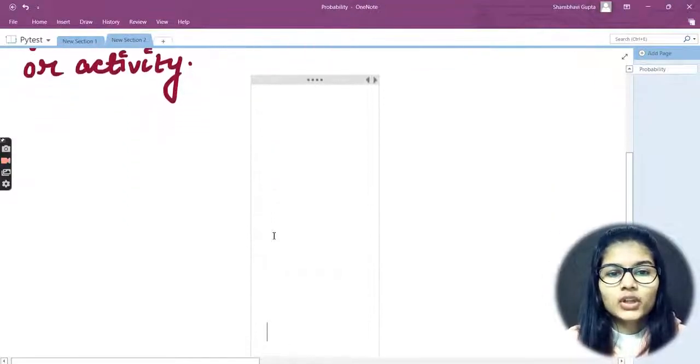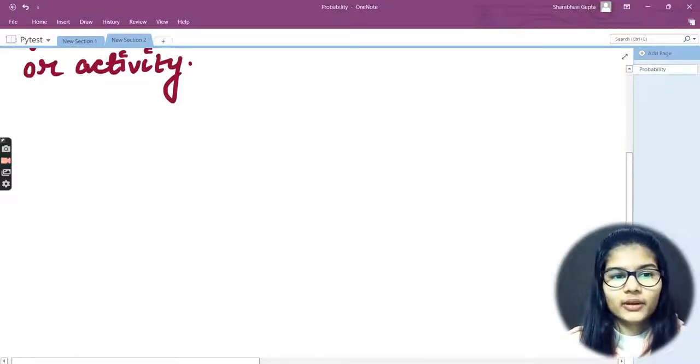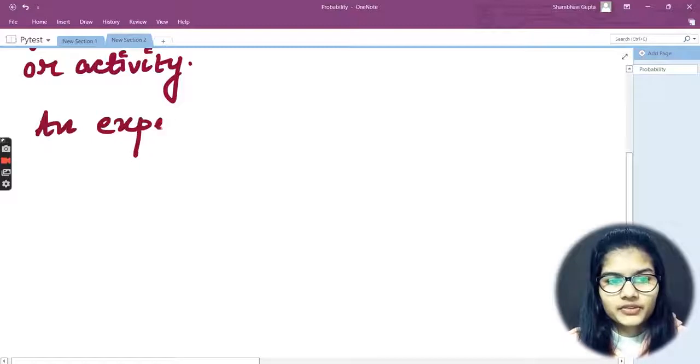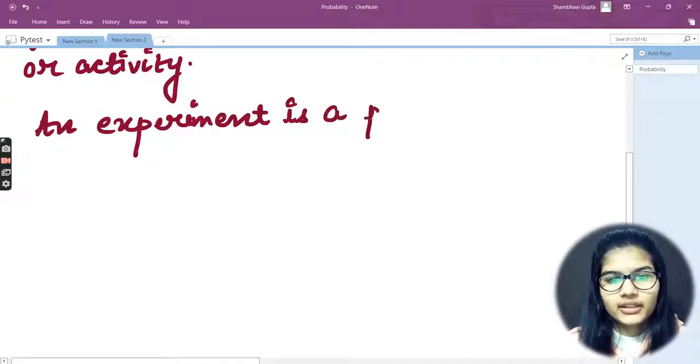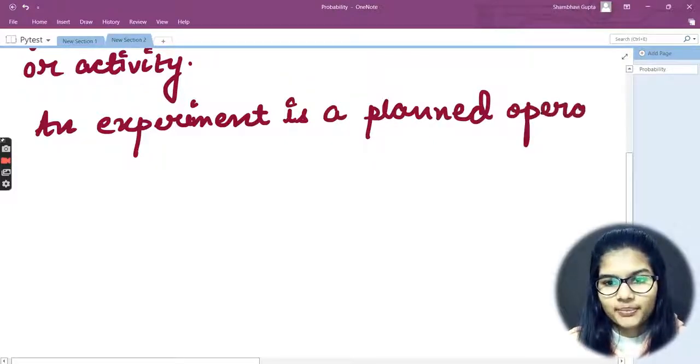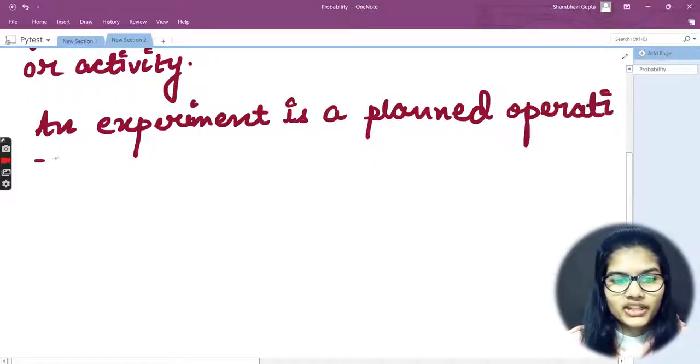Now, what is an experiment? Let's talk about that. An experiment is a planned operation.